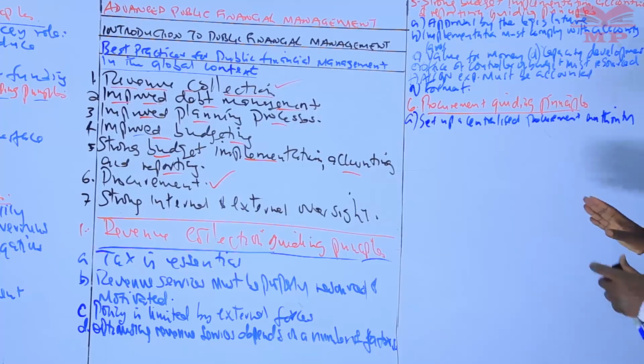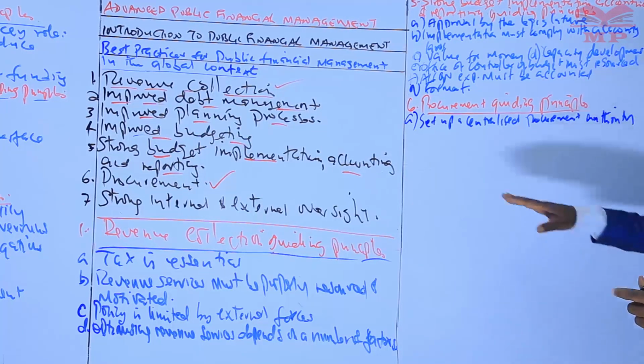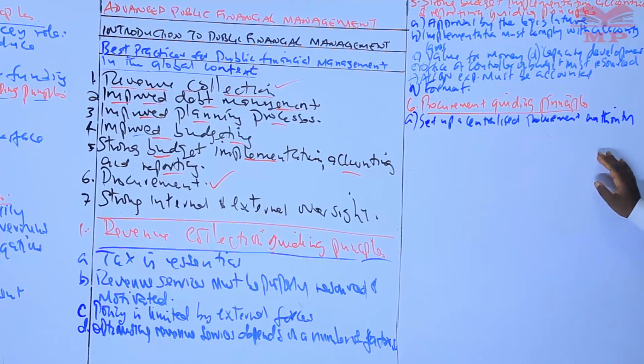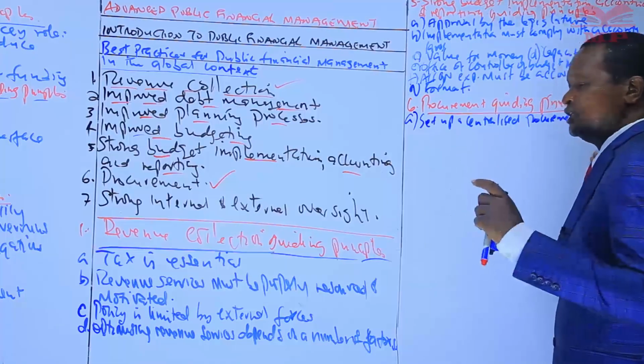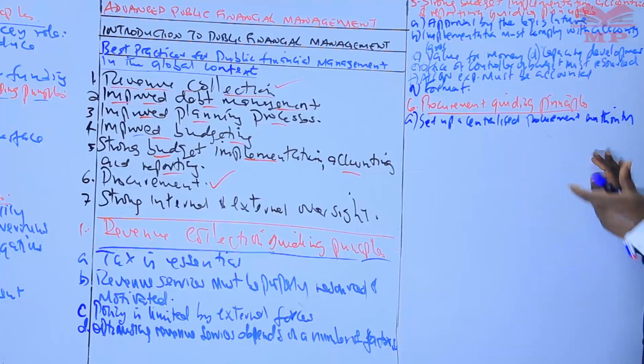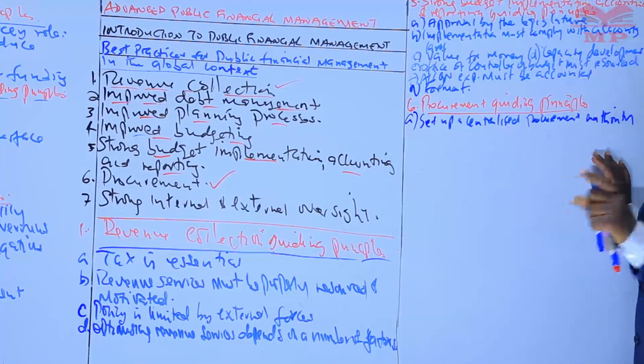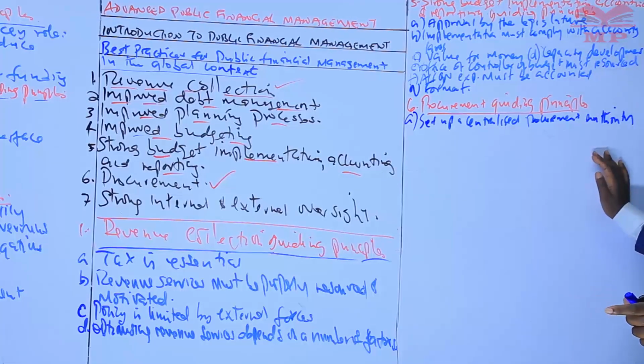So one good guiding principle here is setting up a centralized procurement authority. It should be responsible for bringing about an efficient and effective procurement system into government. You will also recall we studied the benefits of e-procurement in government. So there ought to be a body that should manage such a system.